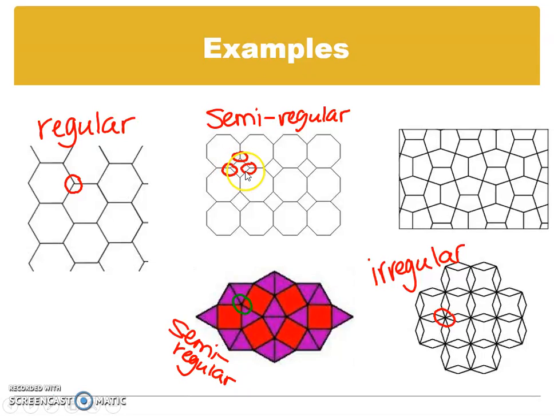This one is semi-regular because you have a hexagon here, and then 1, 2, 3, 4, 5, 6, 7, 8, so you have an octagon here, and then you also have a square here, right?